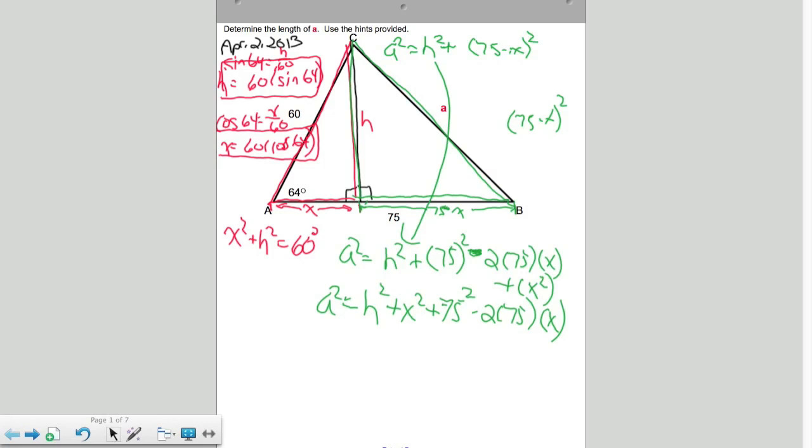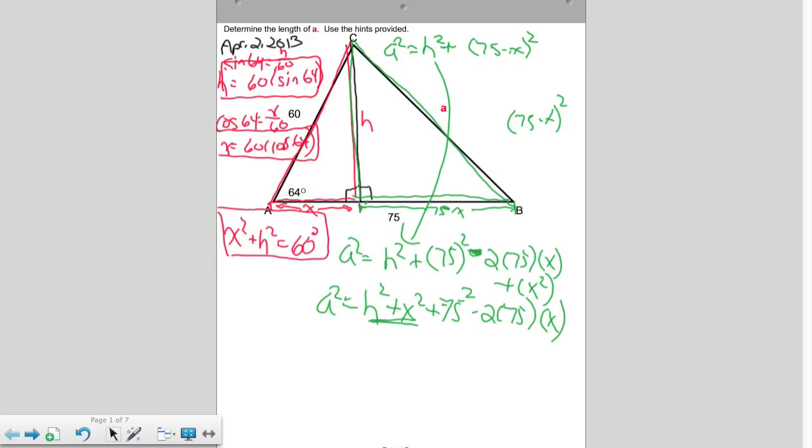What's x squared plus h squared equal to? x squared plus h squared is equal to 60 squared. Do I have h squared plus x squared over here? What's that equal to? 60 squared.